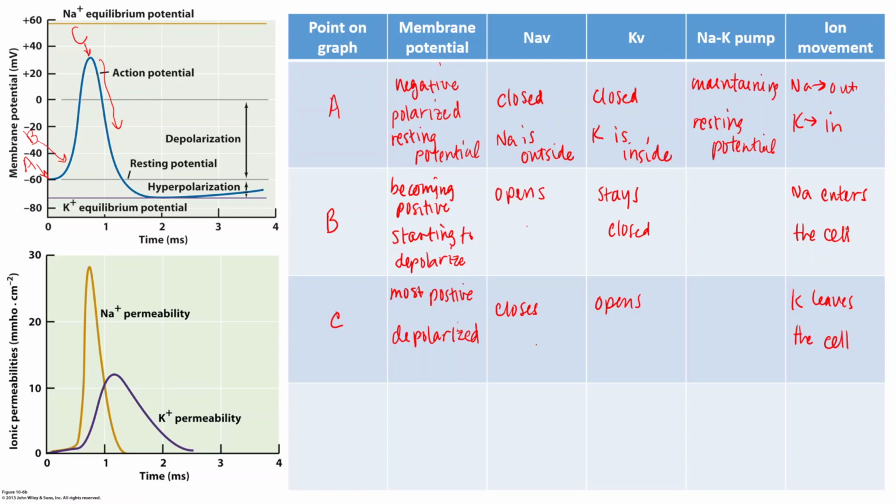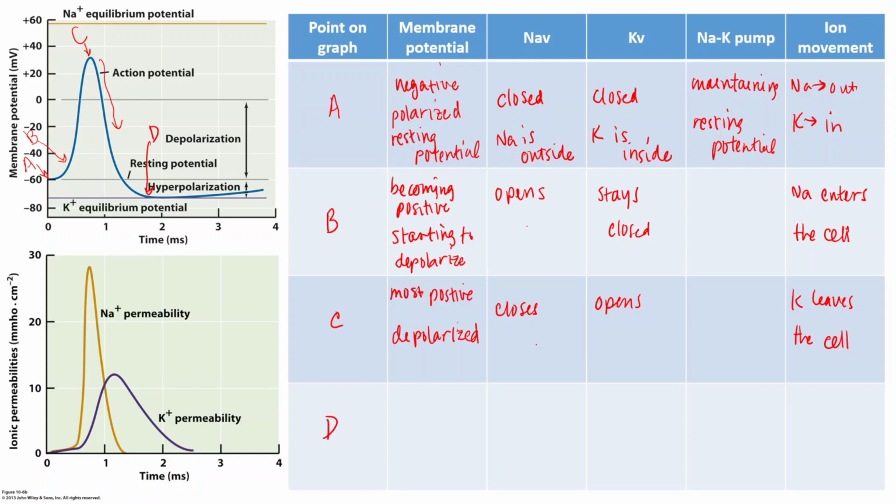So, from this C to D transition, I guess we should make a point D first. So let's make a point D. And this is going to be our most negative point in terms of our membrane potential, which I just gave away, right?